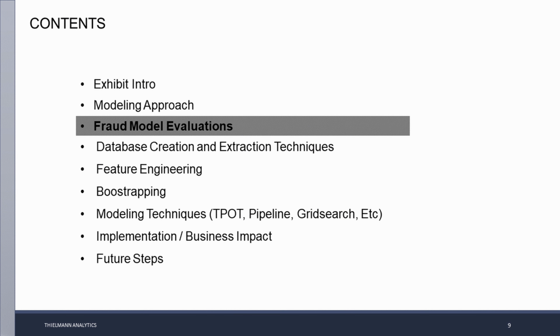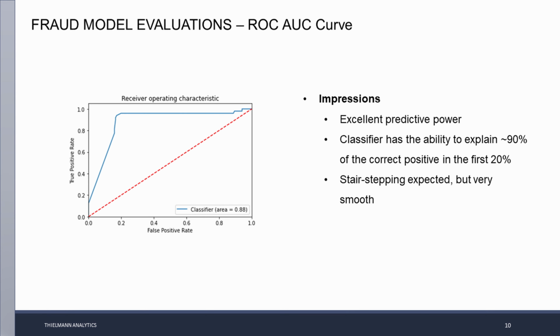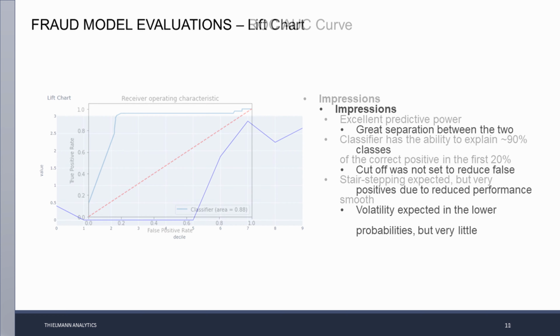Now, let's dive right in and see how well the model performed. Taking a look at the ROC curve, we can see that the model exhibited excellent predictive power. We have a rapid increase up to the first 20% and great separation between the classes. I was expecting stair-stepping with this model, which looks like small stair steps on the blue line as it increases, but due to the ensemble modeling approach that was taken, it was fairly smooth.